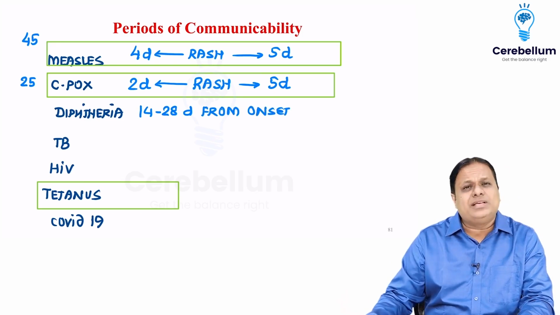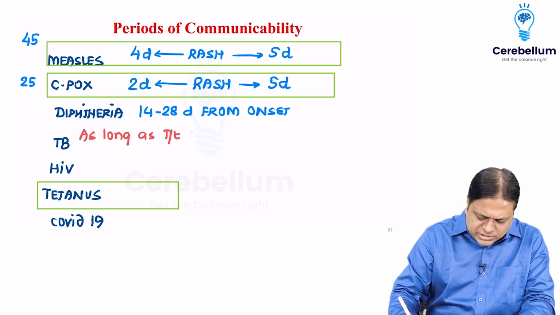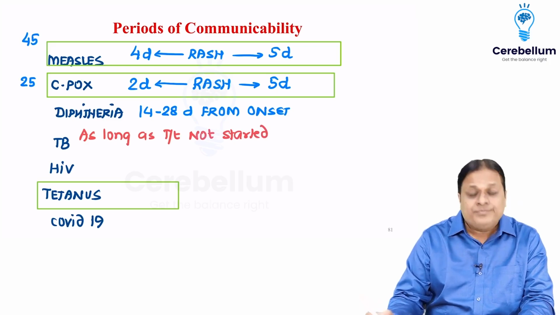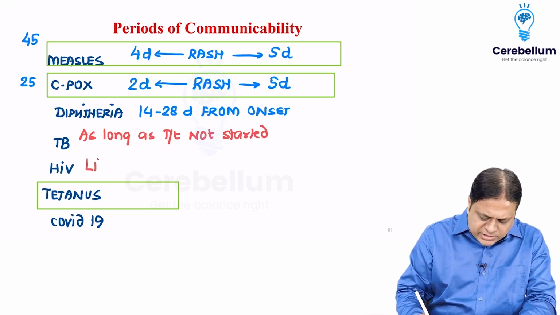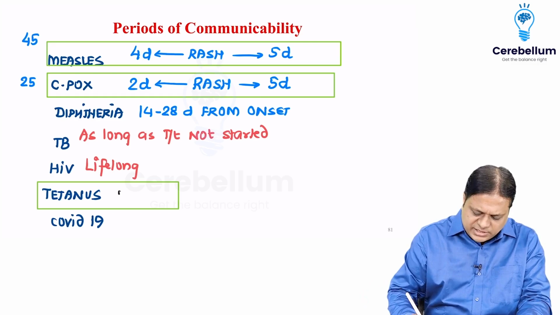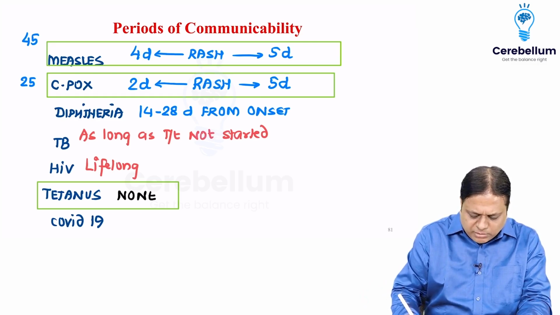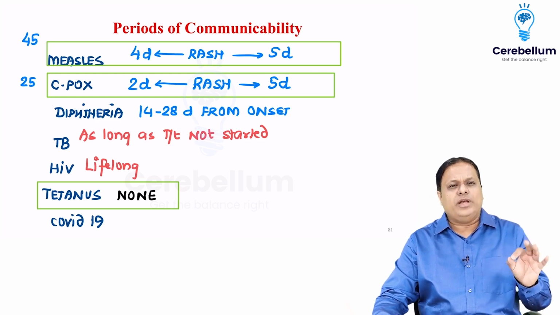How long is a TB case communicable to others? As long as treatment is not started. HIV, we have no cure available currently, so it is a lifelong communicability. Tetanus, a communicable disease, has no period of communicability, as it is not communicable from man to man, only from soil to man.